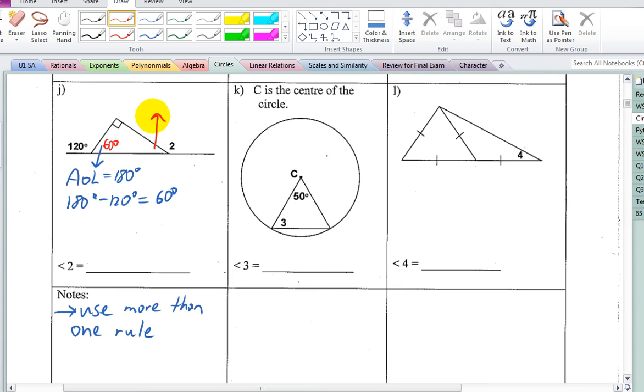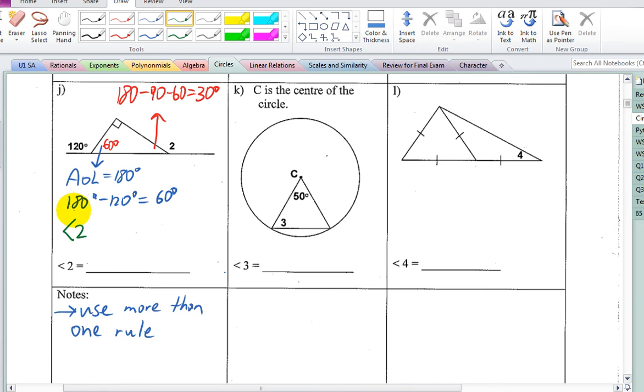How do we find that? Find it, go. Use your 180 minus rule for a triangle. Is that 30 degrees?